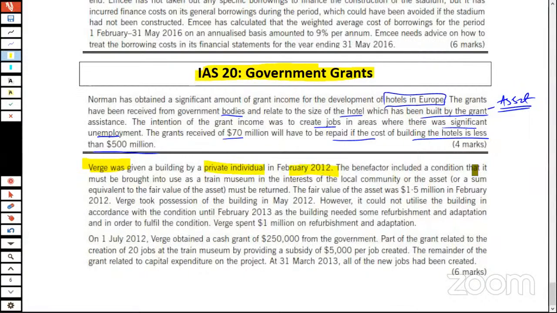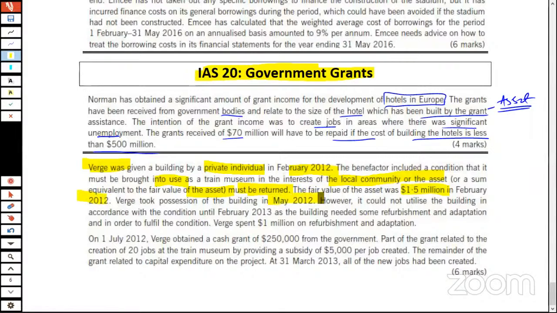The benefactor included a condition that it must be brought into use as a train museum in the interest of the local community, or the asset or a sum equivalent to the fair value of the asset must be returned. The fair value of the asset was 1.5 million in February 12th.